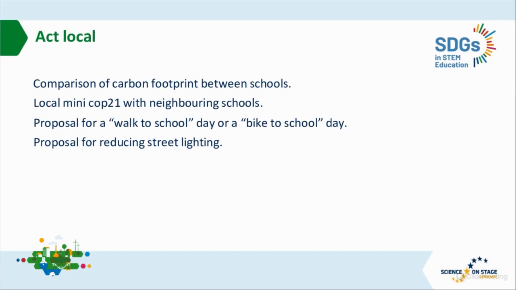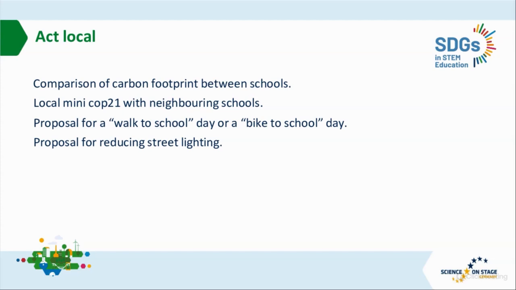And also at the end, we try to make our students think about what we can do at a local level to decrease the amount of carbon dioxide. So these are some ideas that students from France with Philippe came up with. They proposed a walk to school day or a back to school day, also to reduce the street lighting.